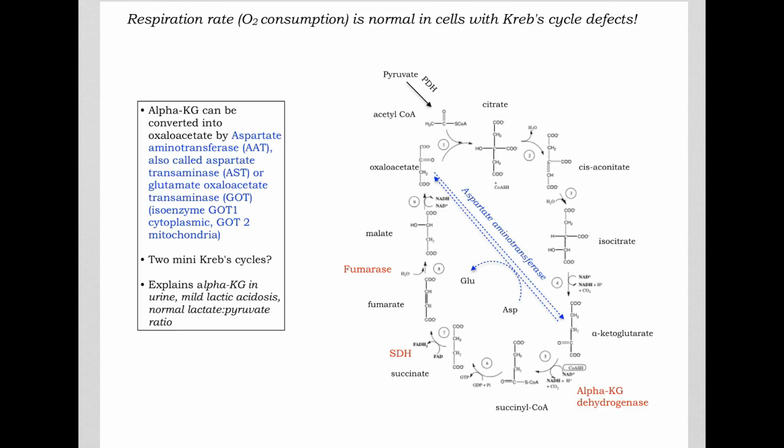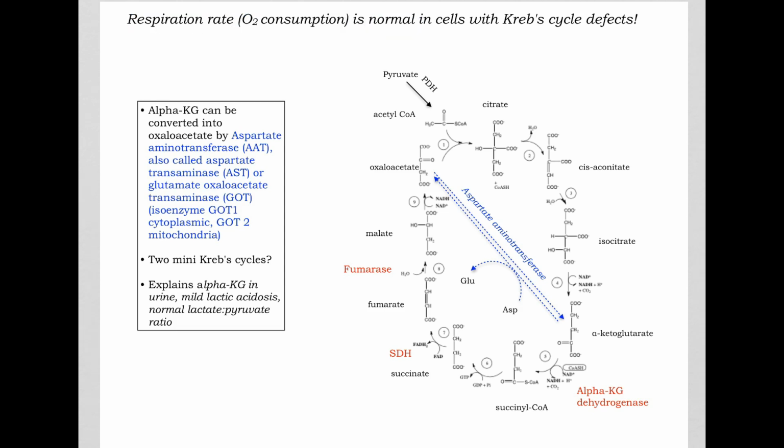What was very surprising was that when cells from these patients were taken and the respiration rate was monitored, basically the oxygen consumption, the respiration rate was normal in the cells of patients that had Krebs cycle defects. That was a very interesting finding.